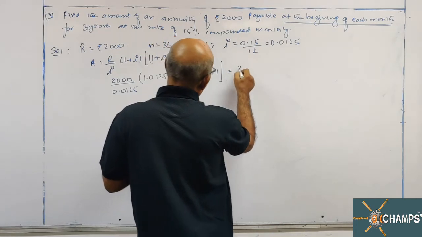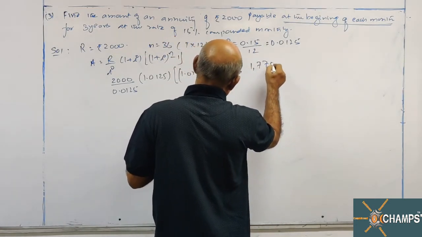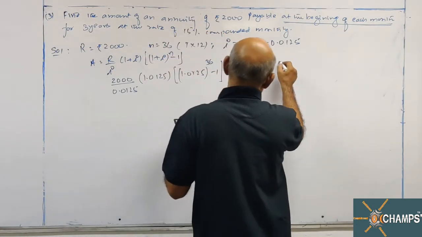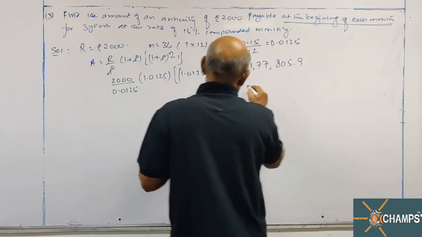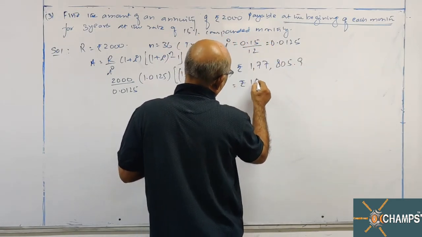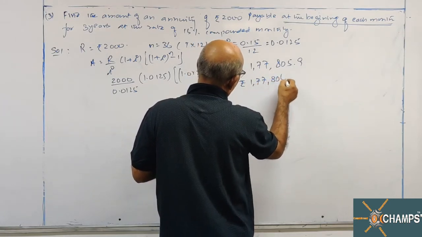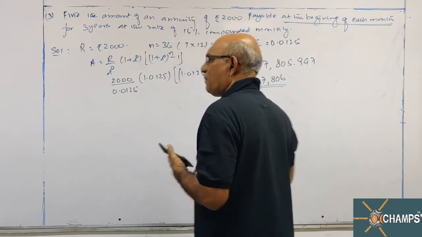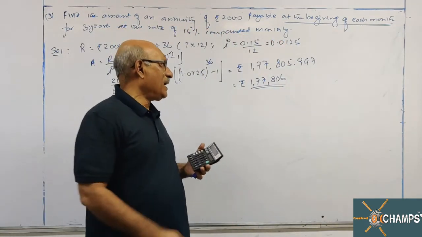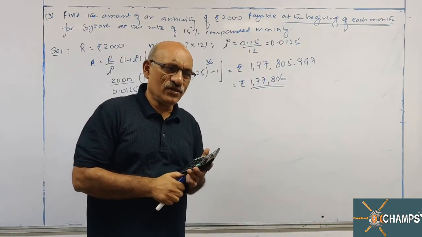This gives 1,77,805.9, so you can approximate this to 1,77,806.